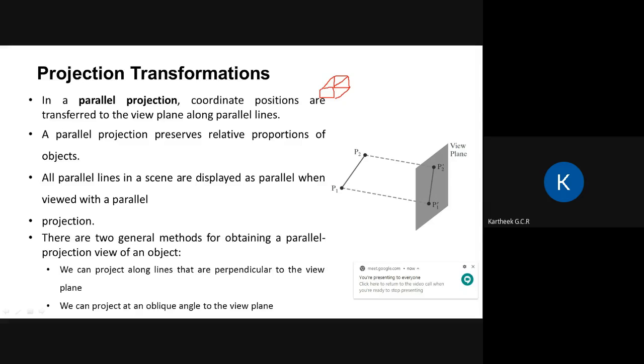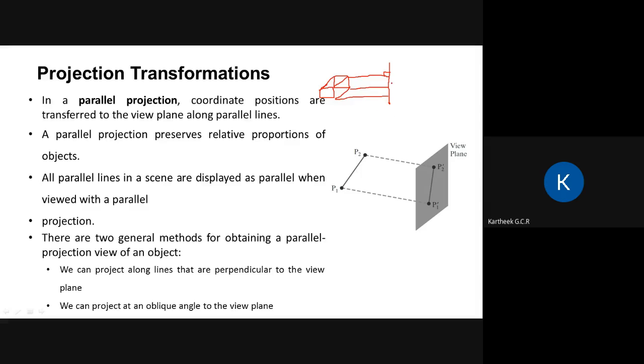Say my plane is here. These projector lines are parallel to each other and they are making an angle of 90 degrees.